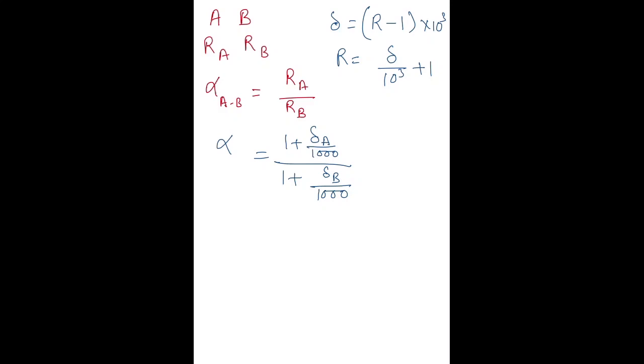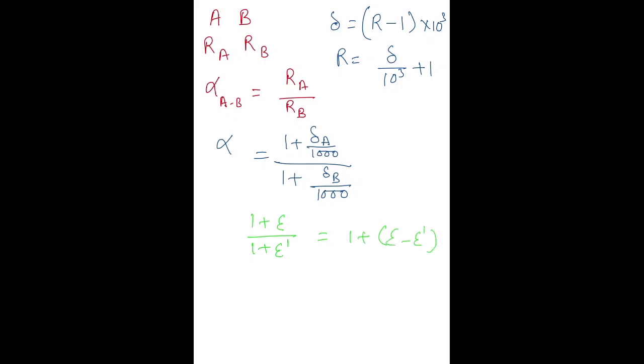By following this mathematical notation, what we know from our math classes is that if 1 plus epsilon divided by 1 plus epsilon dash is there, we can rewrite this as 1 plus epsilon minus epsilon dash.